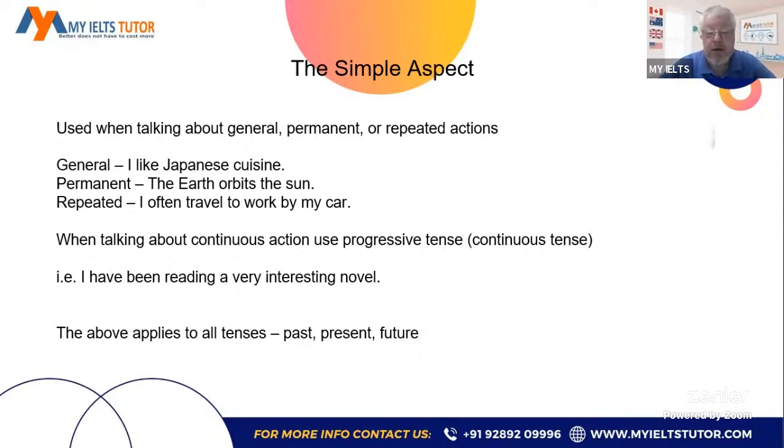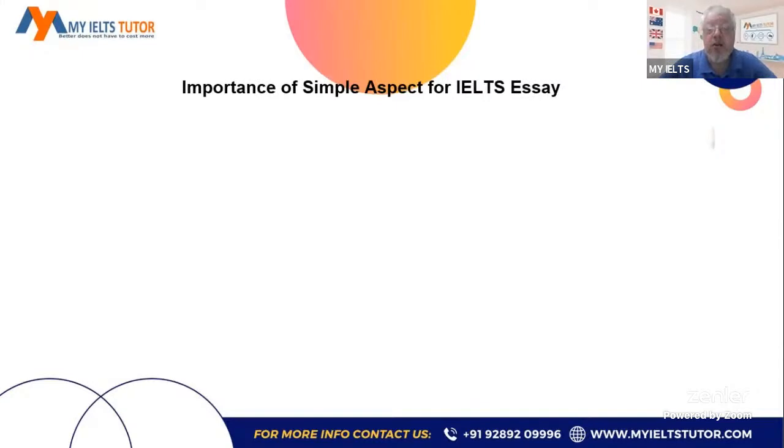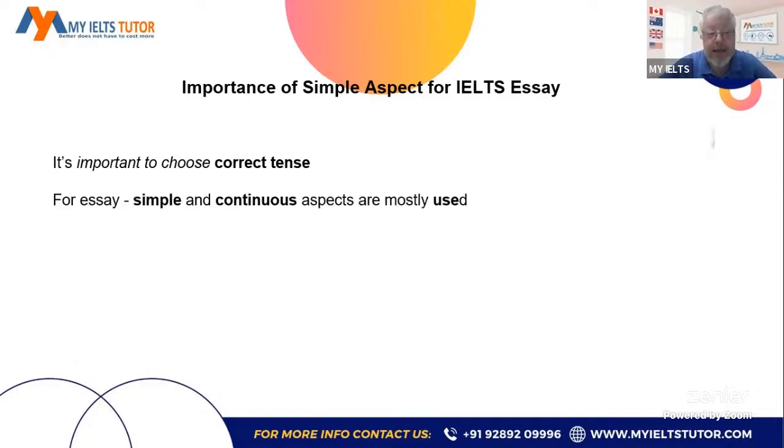Okay, so now let's move on to the importance of the simple aspect for the IELTS essay. And this is important to know. So it's important to choose, first of all, the correct tense. You have to choose the correct tense. Then for the essay, simple and continuous aspects of the tenses are mostly used.